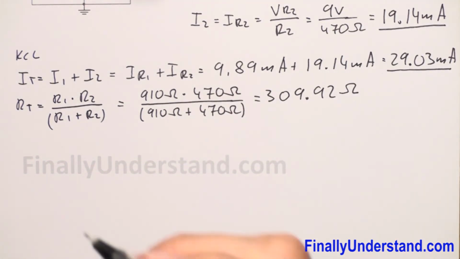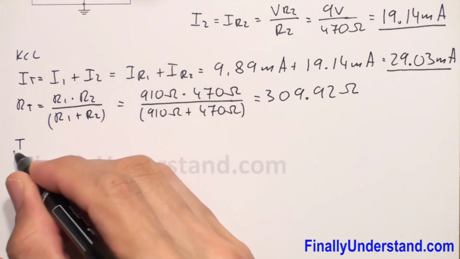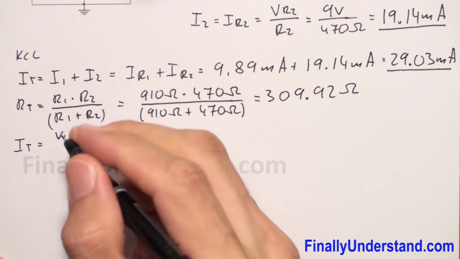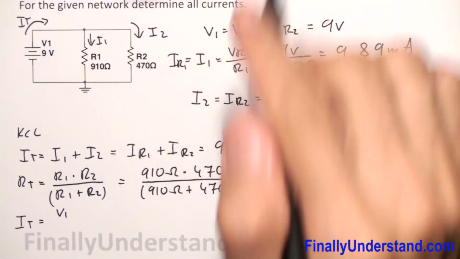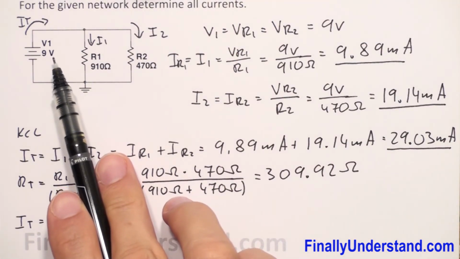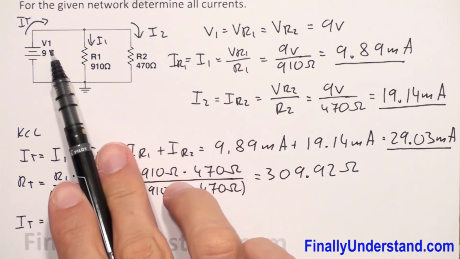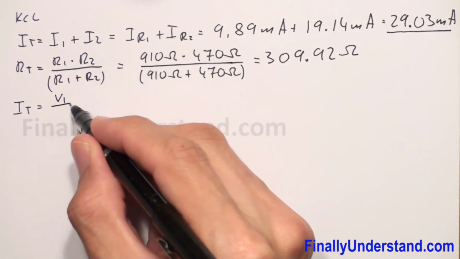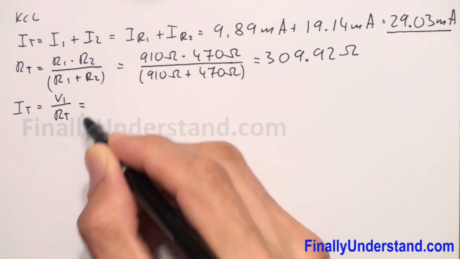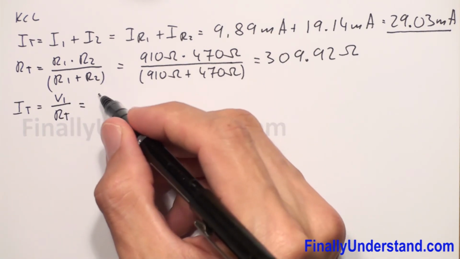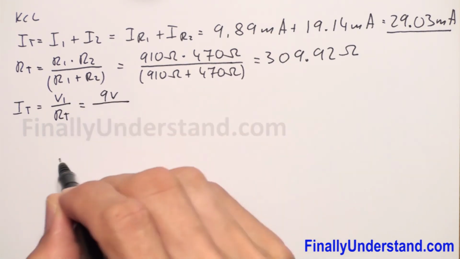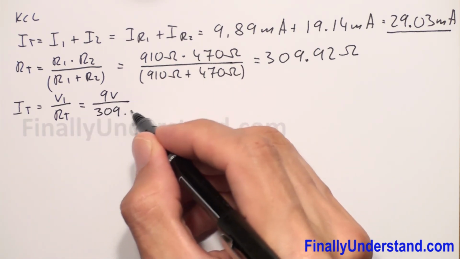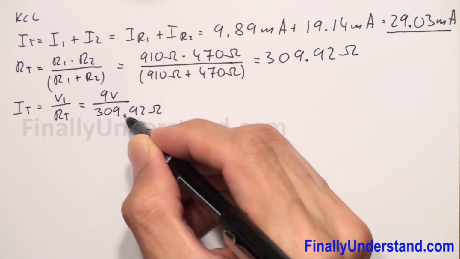Next I'm going to find I total. I total is equal to the voltage V1, because my circuit has a voltage source labeled V1, over R total. V1 is equal to 9 volts, divided by 309.92 ohms.